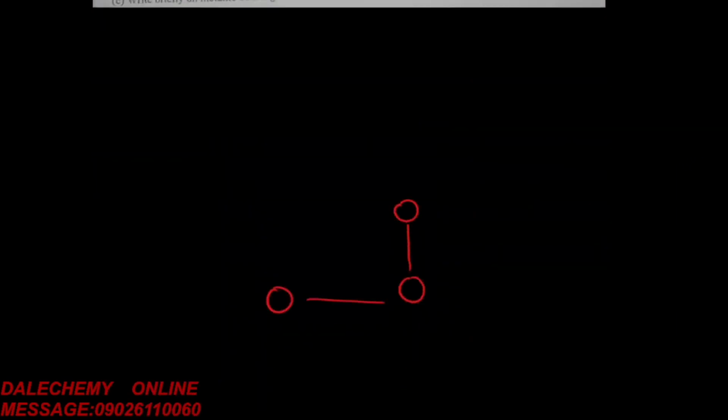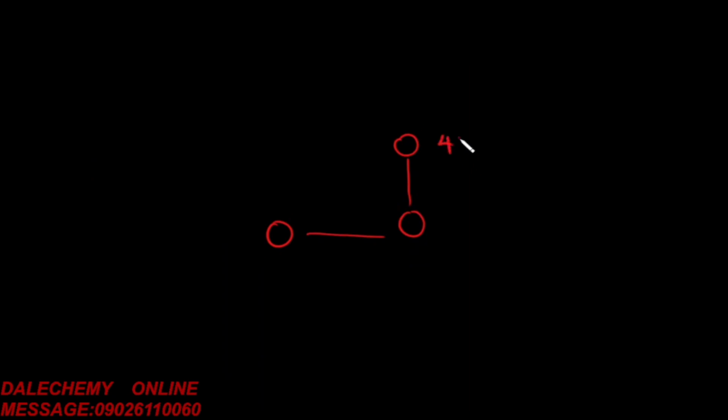This is M1 and this is M2, M3 from the question. M2 is having 4 kg, this is also having 4 kg, and this is having 6 kg. This is 2 centimeter and this is 4 centimeter.